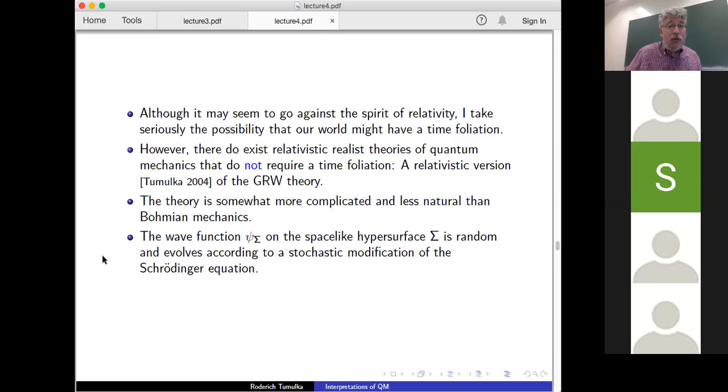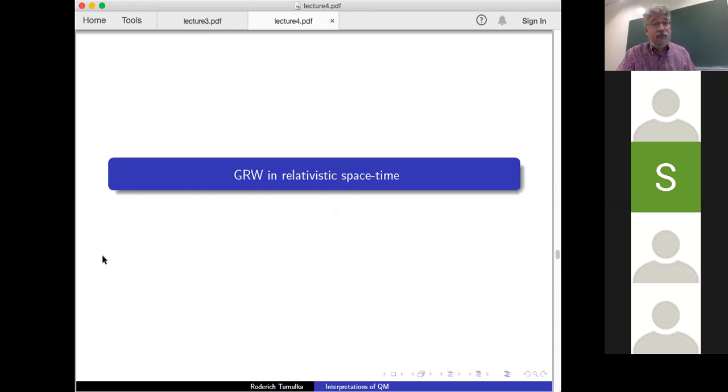This theory is somewhat more complicated and less natural than Bohmian mechanics, but I will explain it to you in a minute. The wave function psi_sigma on the space-like hypersurface sigma is random and evolves according to a stochastic modification of the Schrödinger equation, as usual in GRW theories.